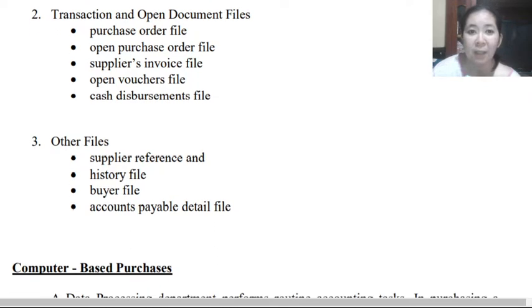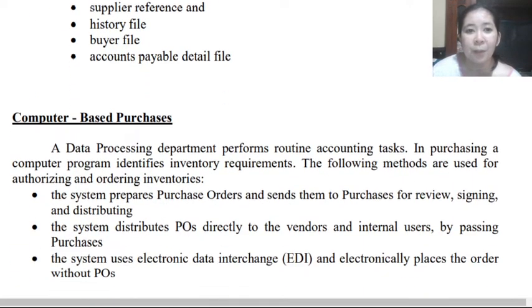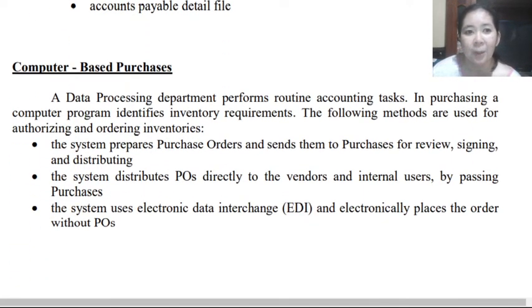The database can also have other files stored, like supplier reference, history, or buyer files, and accounts payable details.